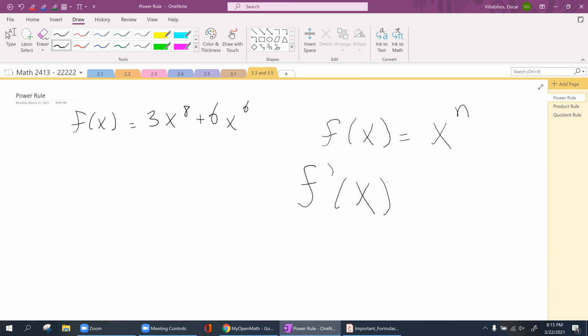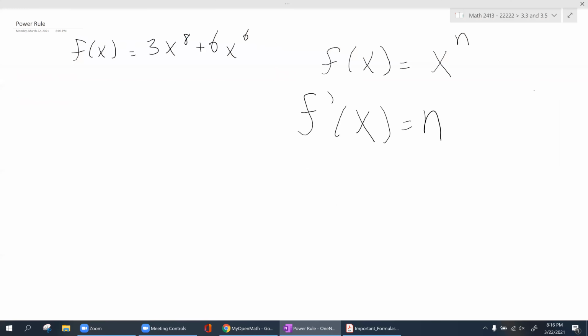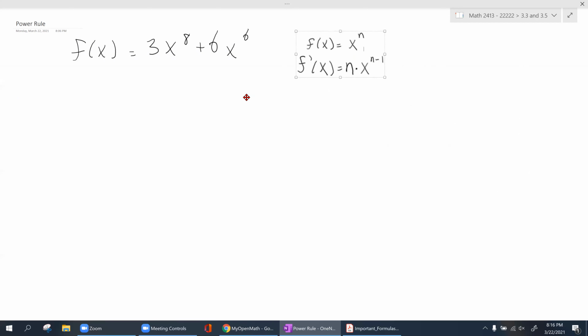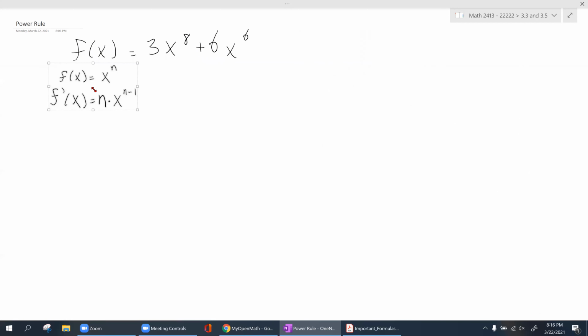You'll hear me say f prime a lot. So f prime is equal to, that n value is going to come to the front, and you write down exactly what you have, but the power is n minus 1. This is going to be the blueprint that we're going to be using for the power rule.